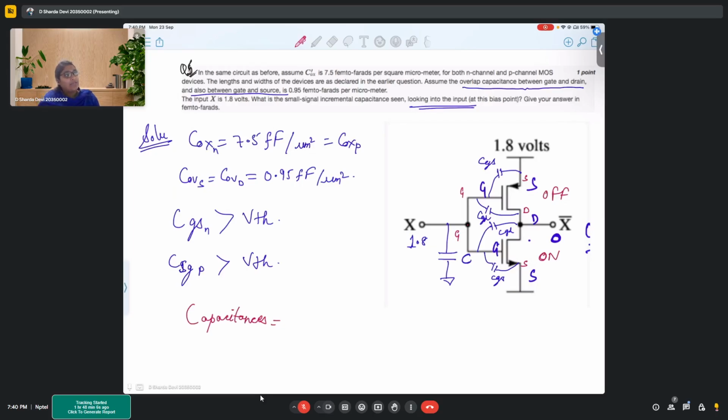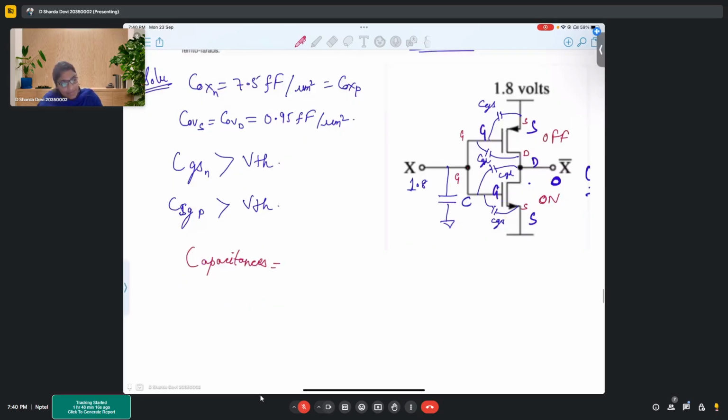Now we are dealing with our CGS and CGD. So in CGD, let's say capacitance will be Cox and Cov.